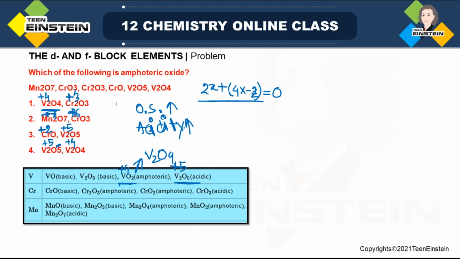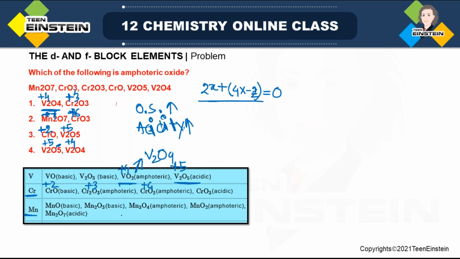So V2O4 is amphoteric. Then for the next metal, chromium, +2 is basic, +3 is amphoteric. That means Cr2O3 will also be amphoteric. So in option 1, V2O4 and Cr2O3, both are amphoteric.